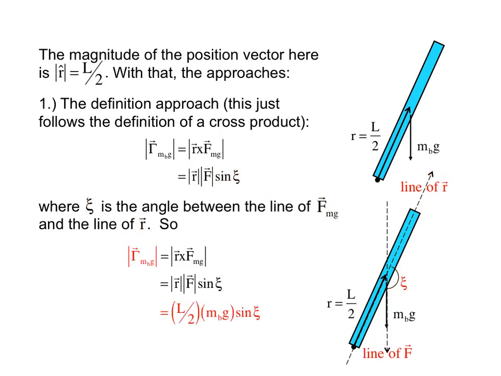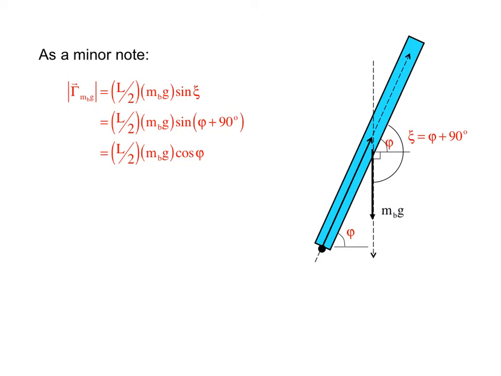So if we were to go ahead and write out this cross product evaluation fitted to our situation, the magnitude of R would be L over 2. The magnitude of F would be mg, and then times the sine of this angle. As a minor note, this angle right here is the same as the beam's angle, phi, plus 90 degrees.